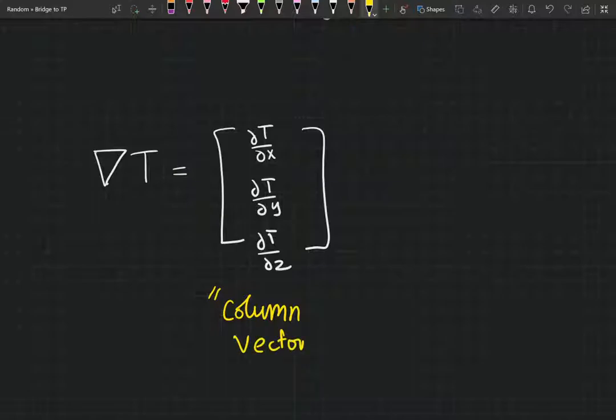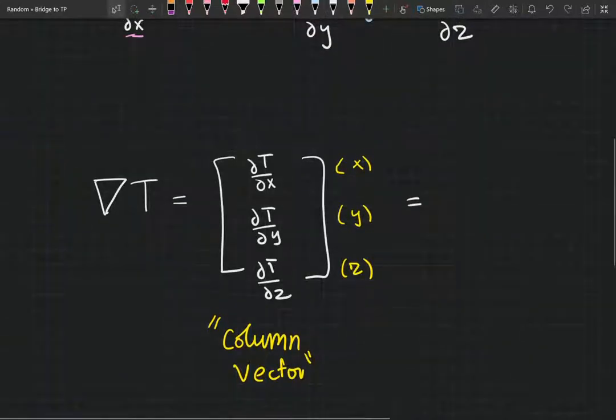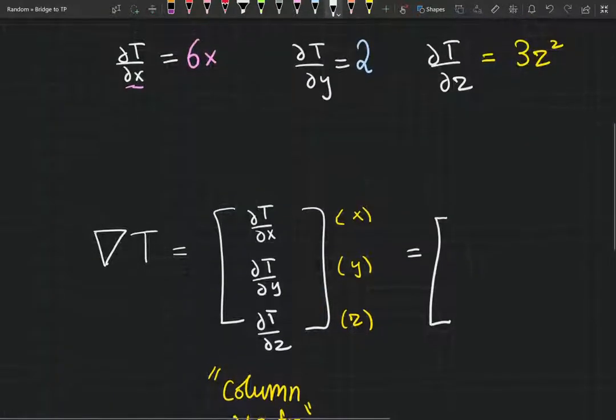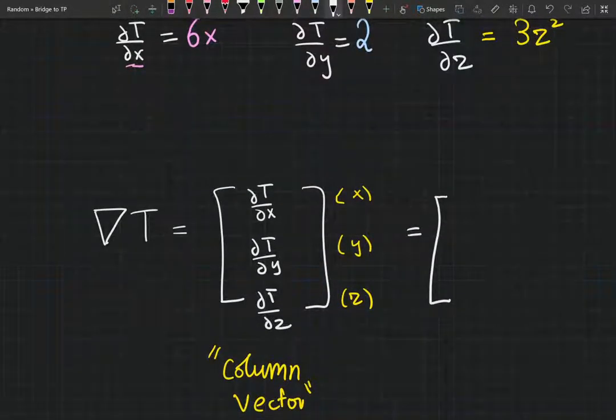On top I have my x component, my y component, and my z component, so my three components are listed from top to bottom. According to the partial derivatives I already derived, the gradient comes out to be 6x, 2, and 3z squared.